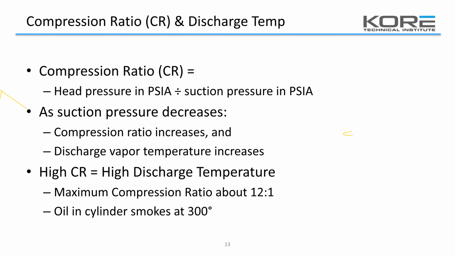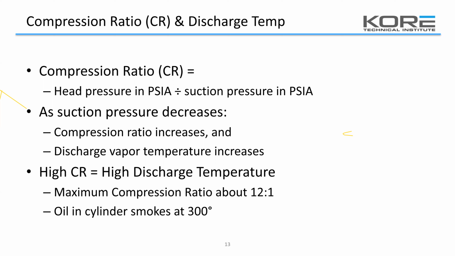So you guys are all aware, I hope, that the harder you compress a gas, the more heat is produced. The more activity you create in those molecules, the harder you squish the gas, the more temperature is produced. So high compression ratio equates to high discharge temperatures. So in a compressor, here we've got just a little blurb.